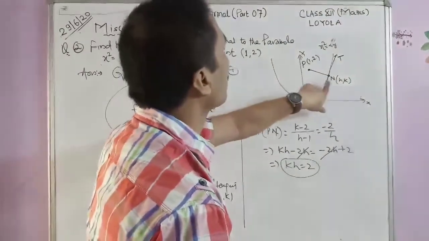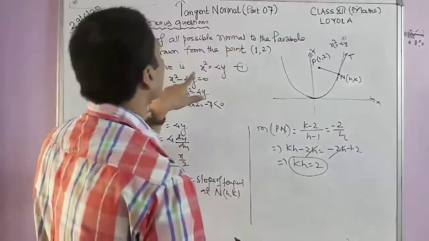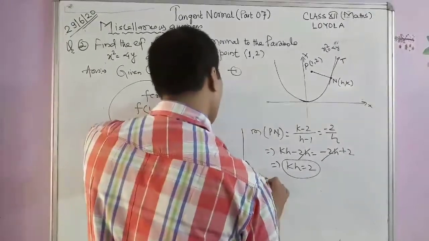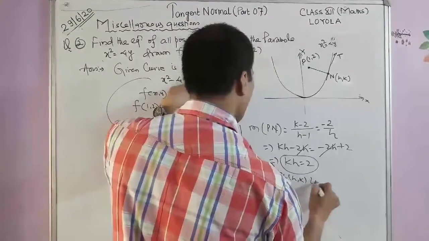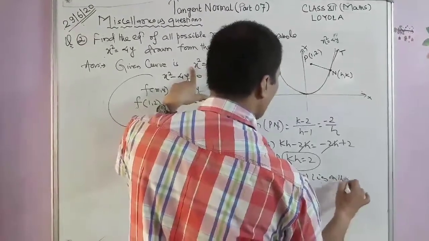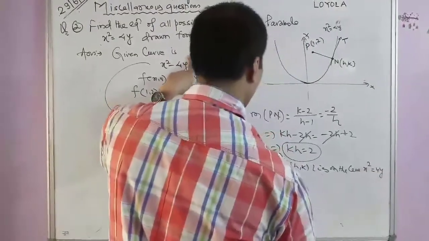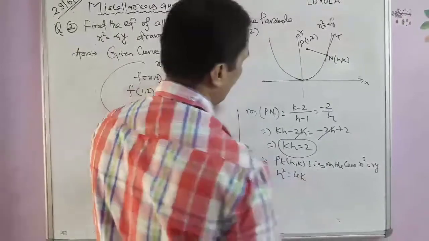We have to find the foot of perpendicular first. Since the point (h, k) lies on the curve x square equals 4y, h square equals 4k.